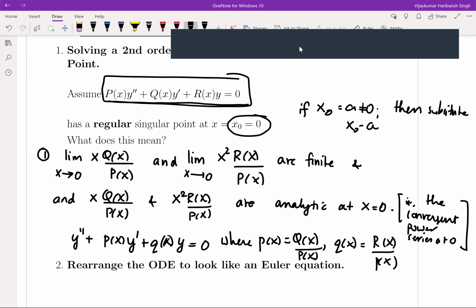Now to start with, generally these p(x) and q(x) are basically any analytic functions, but we can take P(x), Q(x) and R(x) to be polynomials. We don't have to restrict ourselves to the polynomial.